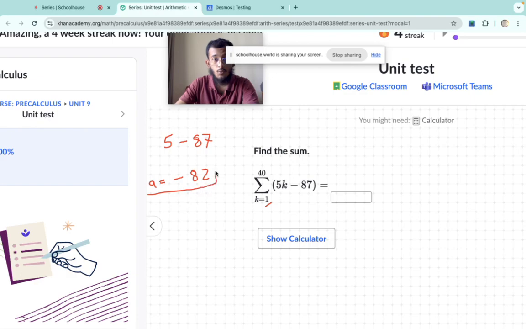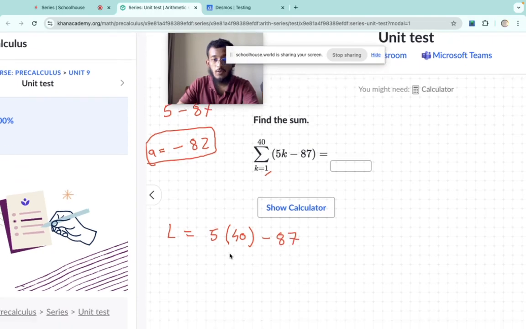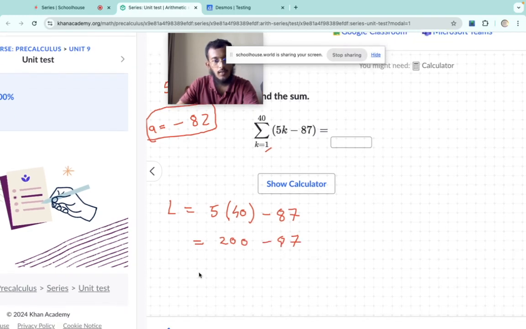We can find the last term, L, when we plug in 40 for k. So 5 times 40 is 200, minus 87, which will be 113. Yeah, the last term will be 113.